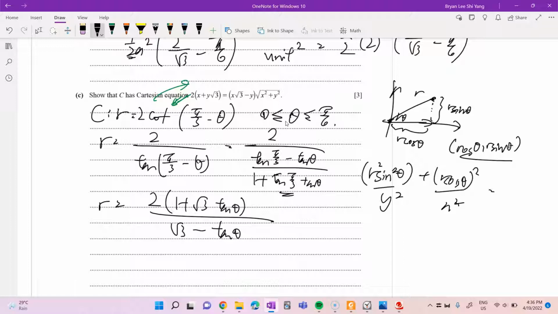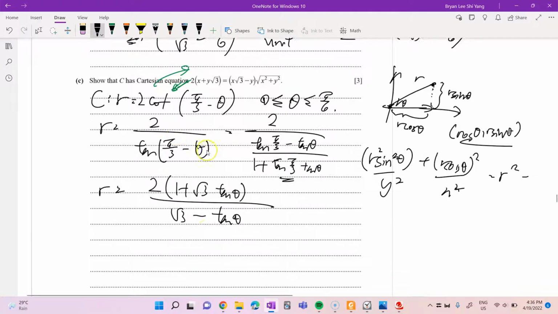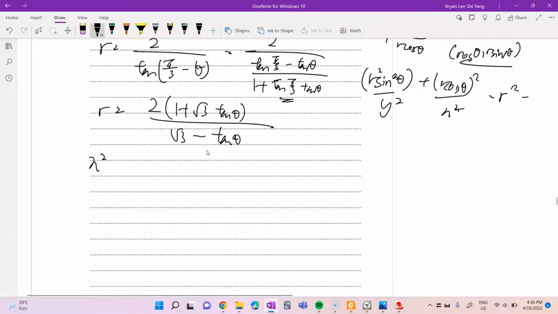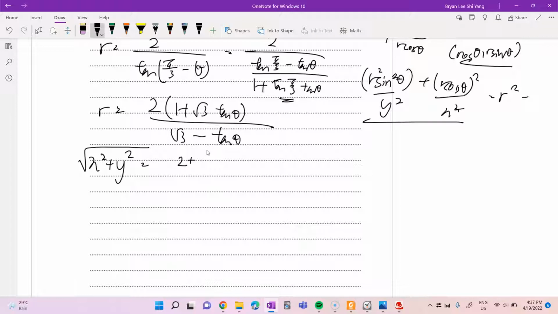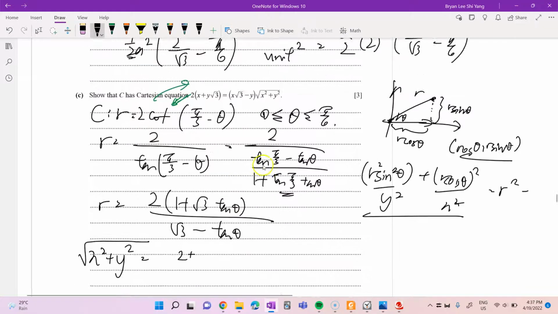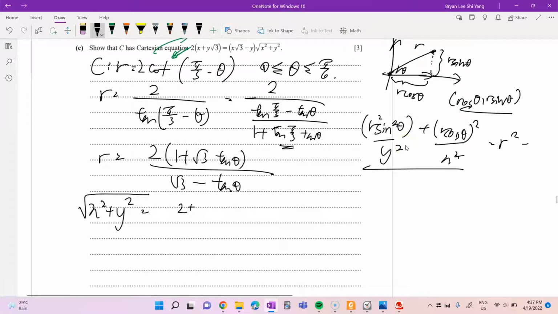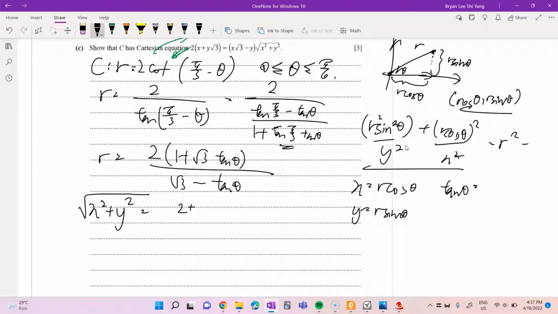So y square plus x square equals r square, so root x square plus y square equals r. One more thing I want to say: since x equals r cosine theta and y equals r sine theta, if we want to obtain tan theta, we can obtain it from r sine theta over r cosine theta, which equals y over x, right?